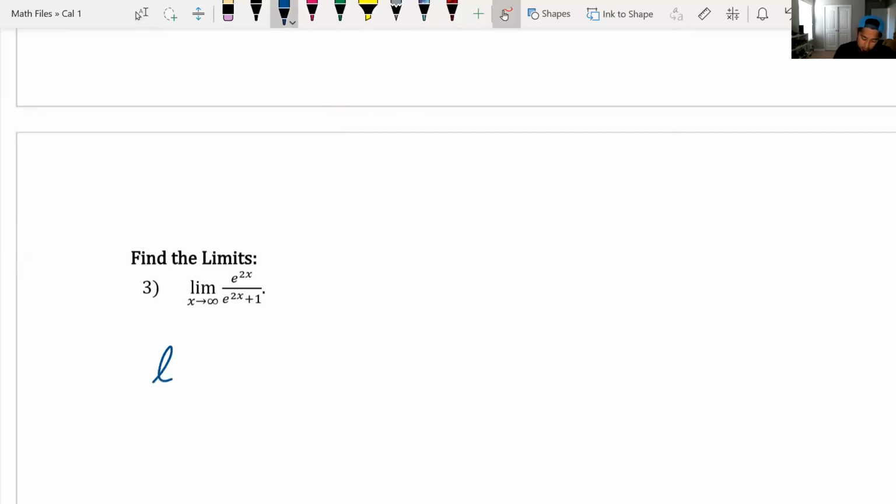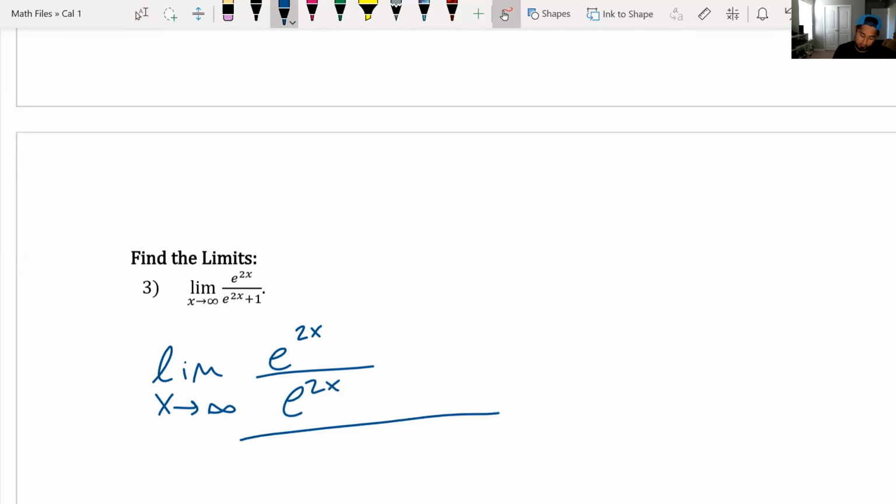So you'll get the limit as x approaches infinity of e to the 2x over e to the 2x, over e to the 2x over e to the 2x plus 1, over e to the 2x.